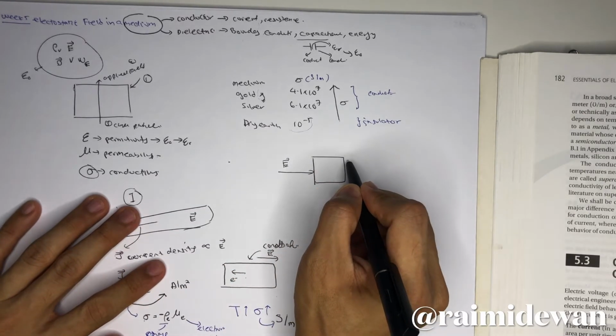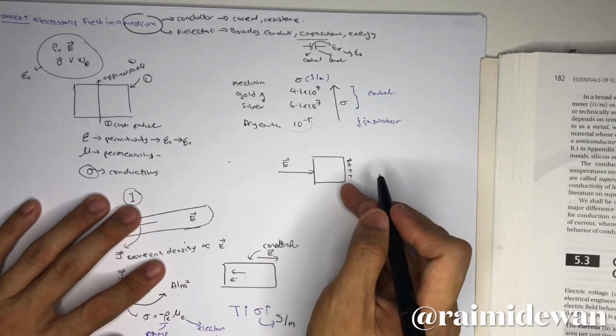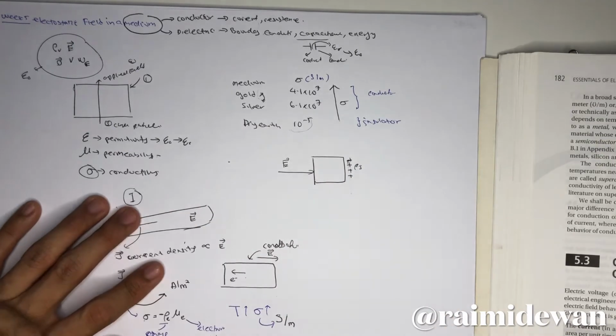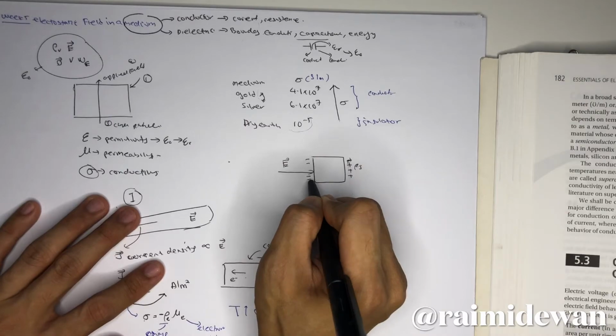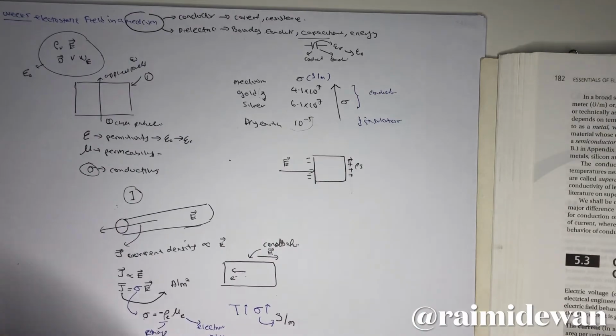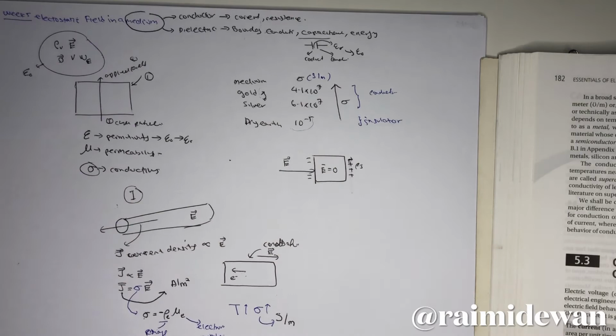Then you will have a positive charge at first at the other section, and a negative charge here. So it will arrange itself: here is the positive and here is the negative. The electric field inside here is 0. So the polarity of surface charges depends on the direction of the external E field.